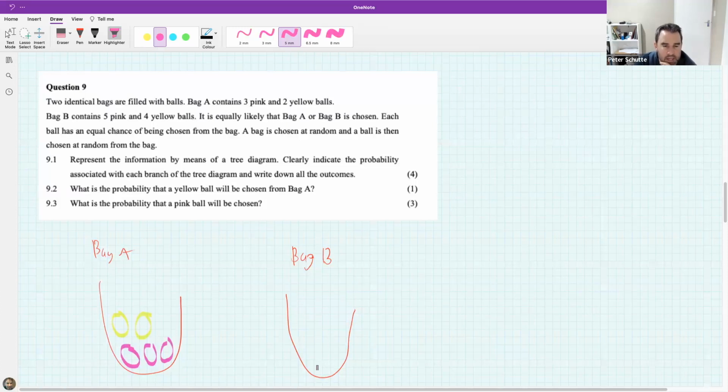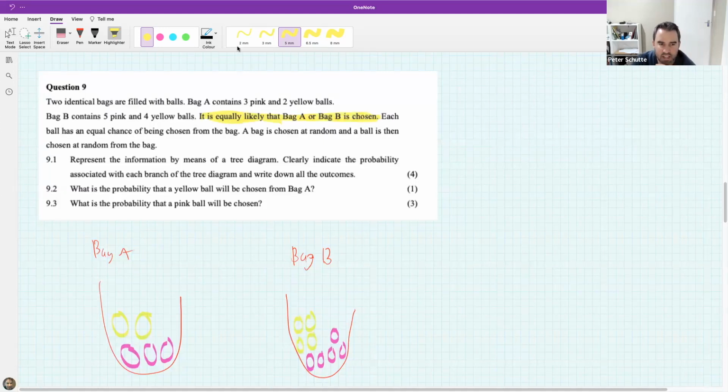And bag B contains 5 pink and 4 yellow. It is equally likely that bag A or bag B is chosen.